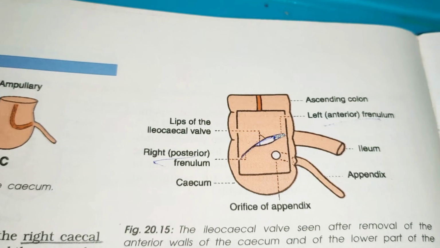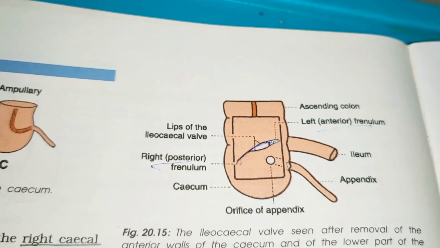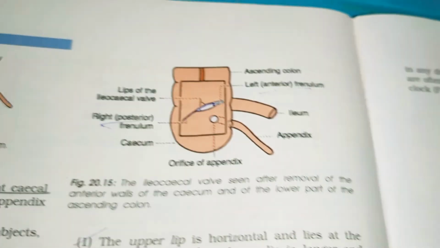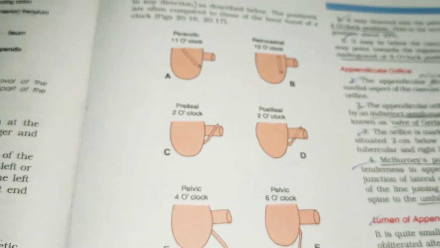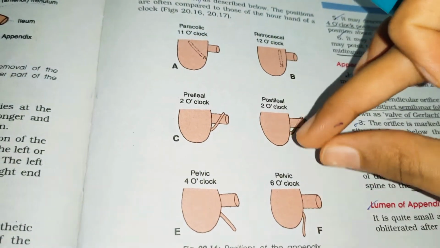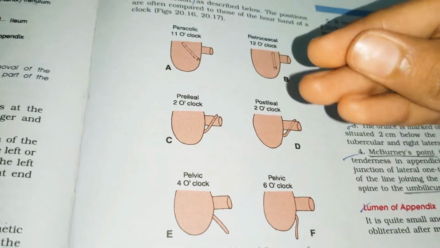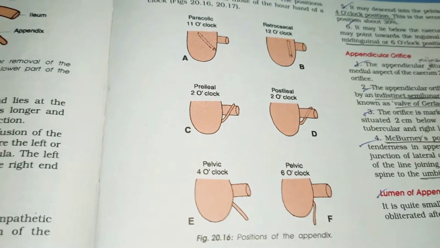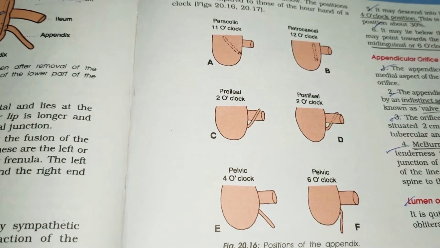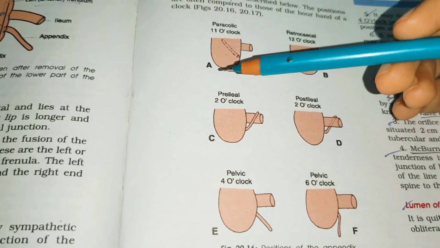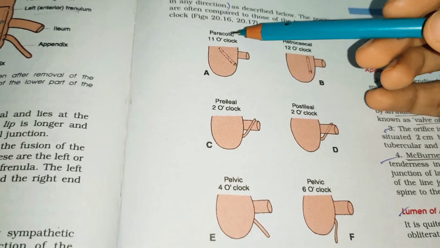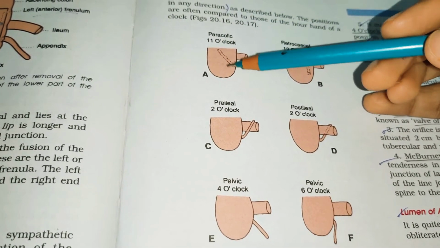Let us see the different positions of the appendix. The positions are described according to clock time. The appendix may pass upwards and to the right, and this is called paracolic, the 11 o'clock position.